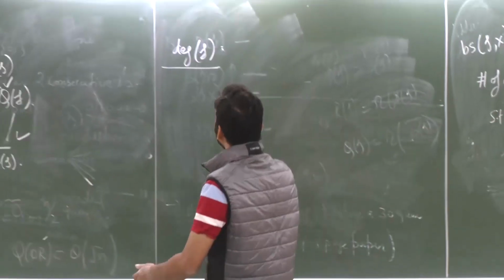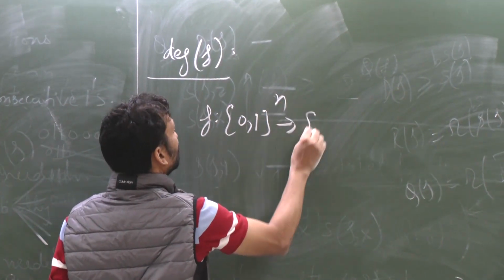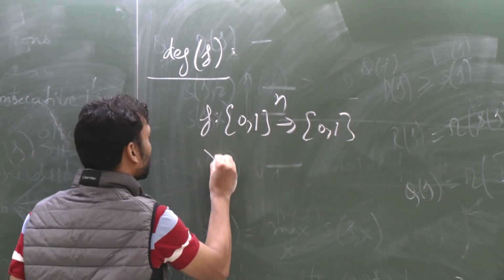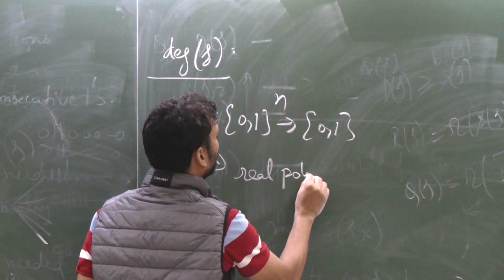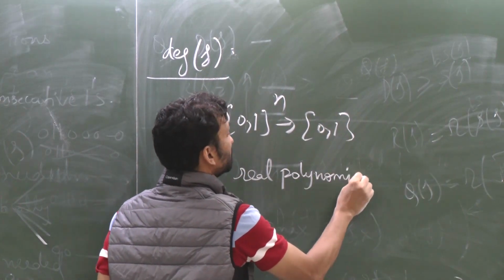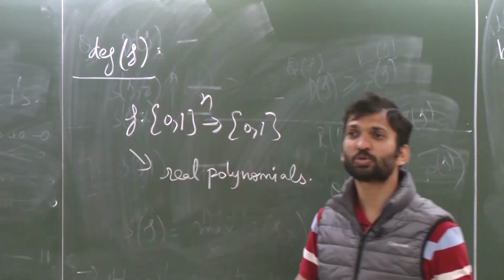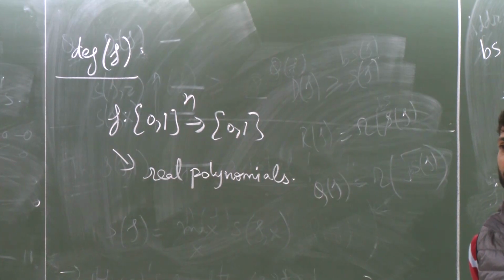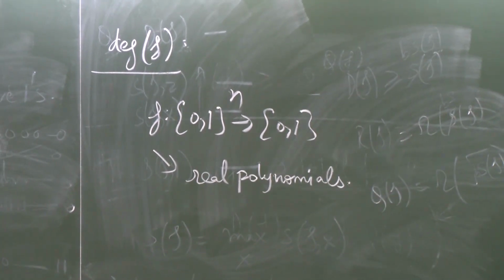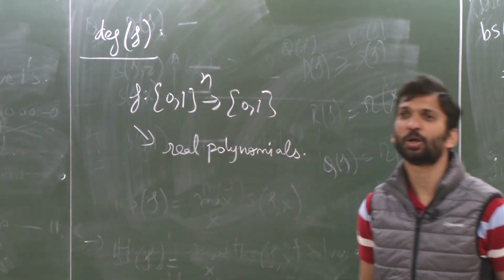So what we are going to do now is represent these functions as real polynomials. And the degree of that real polynomial is going to be the complexity measure for f. So we want to represent our functions as polynomials.